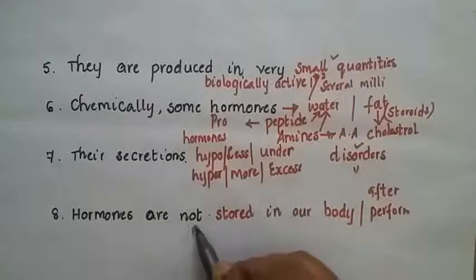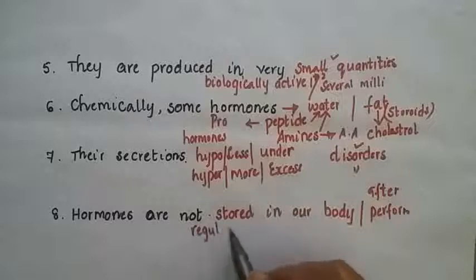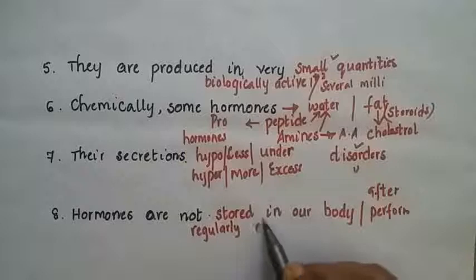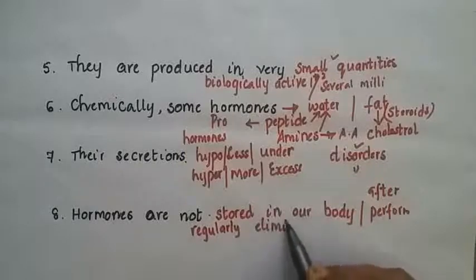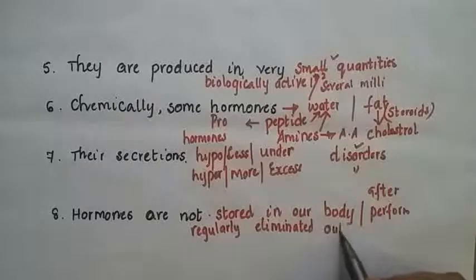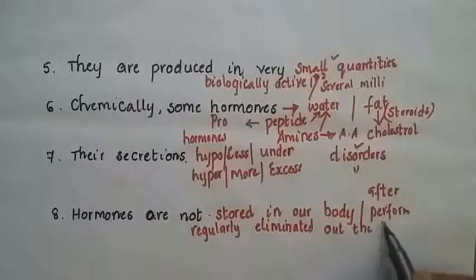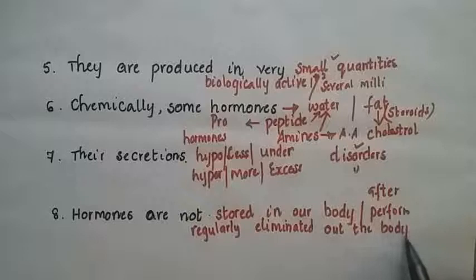They are regularly eliminated out of the body. Right, children? So thus you can say that hormones cannot be retained in our body once they are made use of. After that they have to be thrown out of the body.